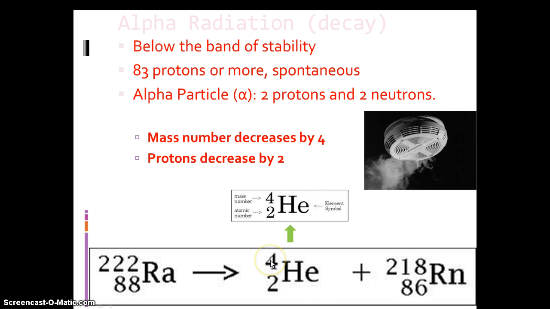If you're giving off this particle, you're getting rid of the protons and neutrons you don't want anymore. So the overall mass number on radium decreases by 4, and the atomic number decreases by 2. When it does that, we get a new element because we've changed the proton count. I got rid of 2 of them. So if I look at my periodic table, I'll bump back 2 spots to element number 86.